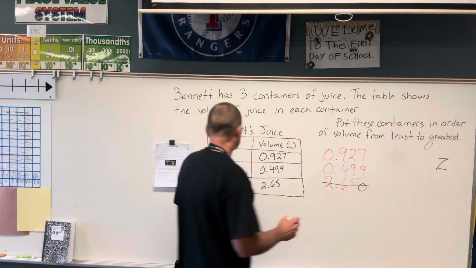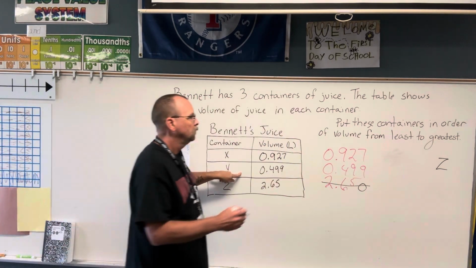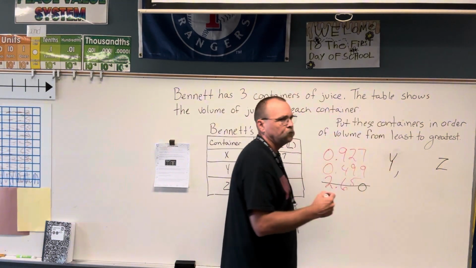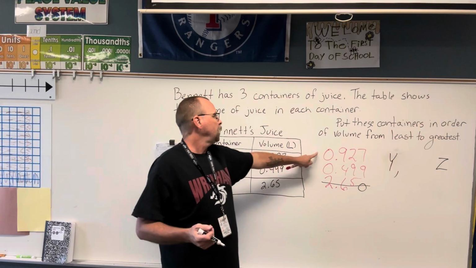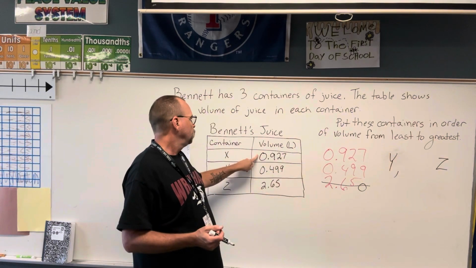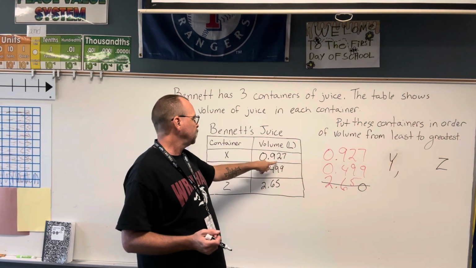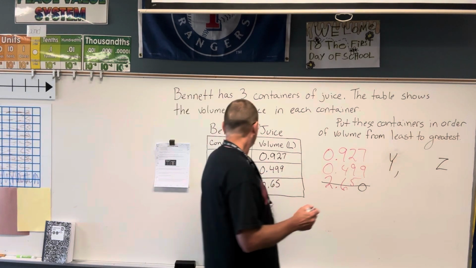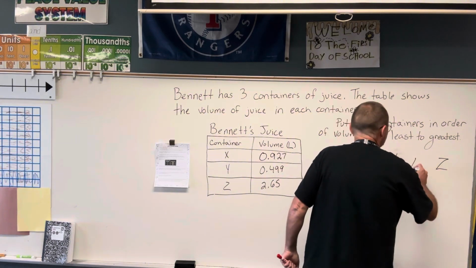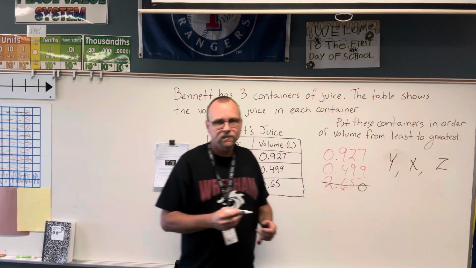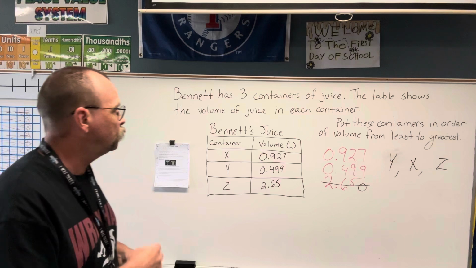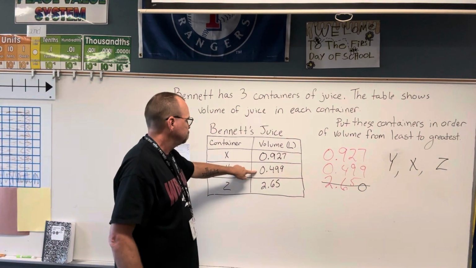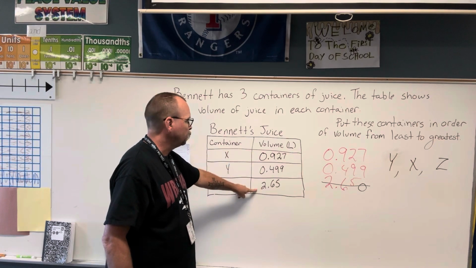So that is going to be Y. Since we have Y and we have Z, X is going to be the one in the middle, because 927 thousandths is greater than 499 thousandths. So it's going to be Y, X, and Z in that order from least to greatest. Least, the second one, and the greatest.